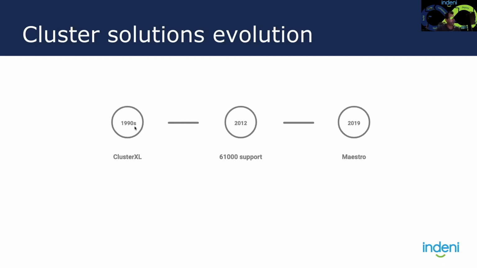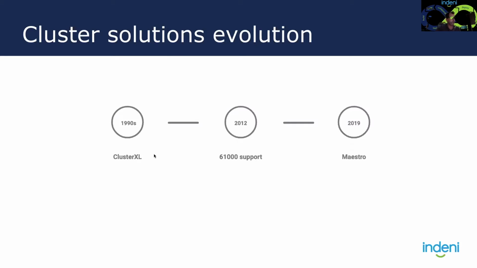And along the years, there were many other sub-cluster solutions like VRP and load sharing, but these are less common deployments, though they still exist. Cluster Excel was the main solution for almost 20 years, and even today, it's widely adopted.